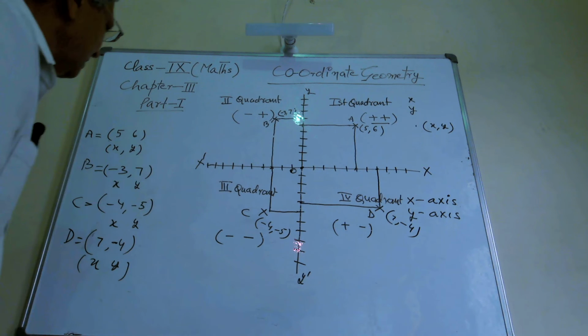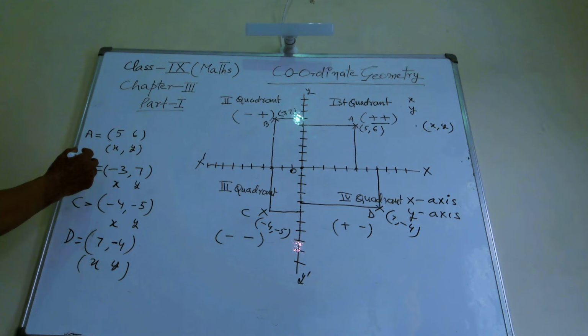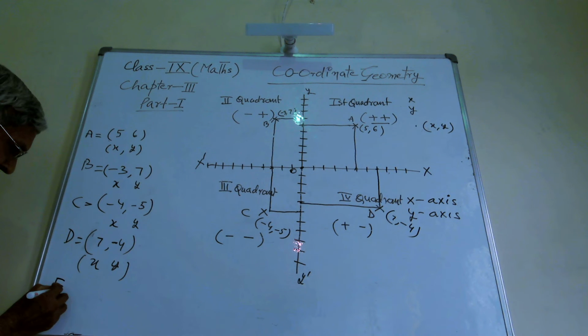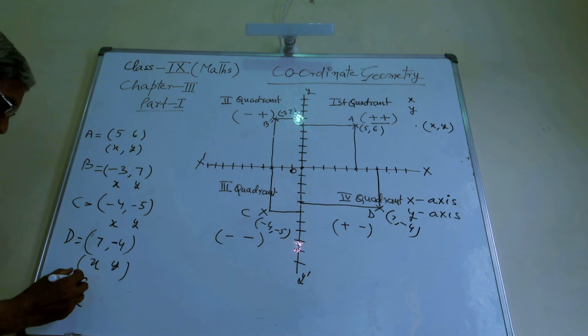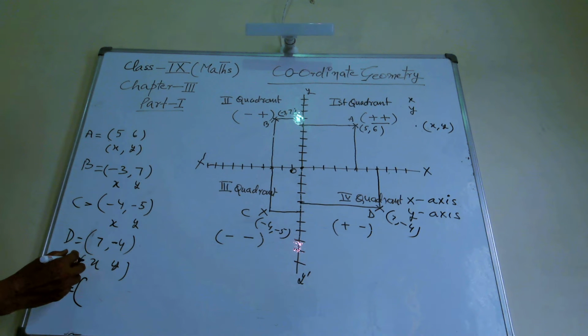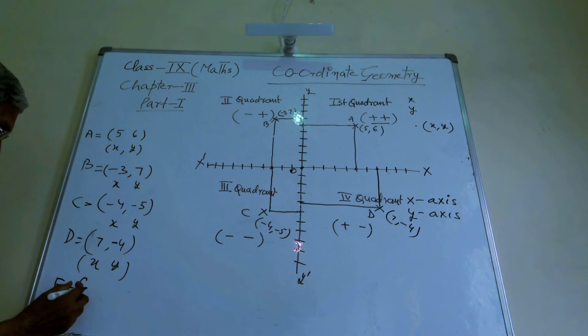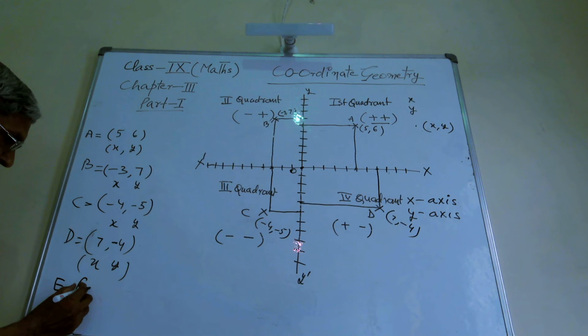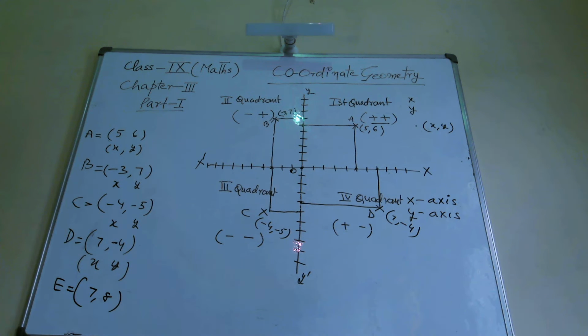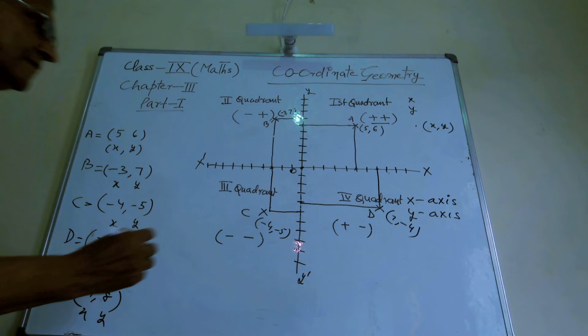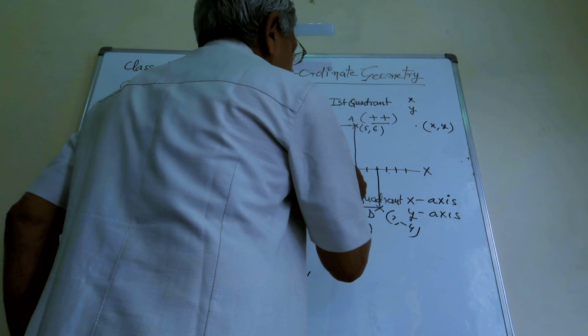Suppose we take a point E. The coordinates of E are 7, 8. This is x and this is y. x is 7: 1, 2, 3, 4, 5, 6, 7.